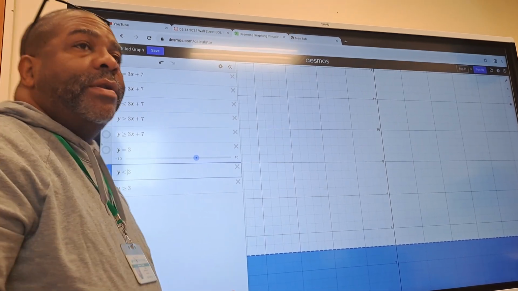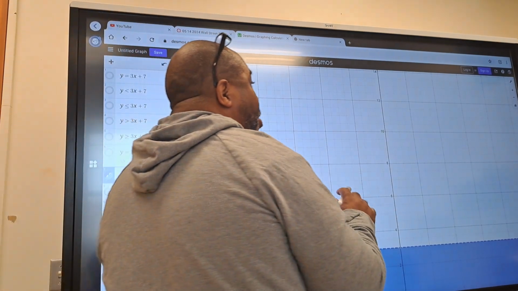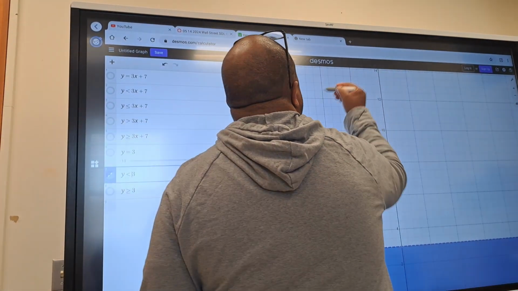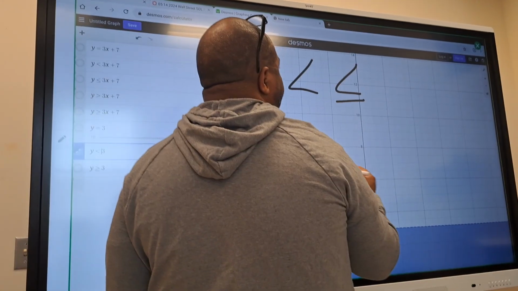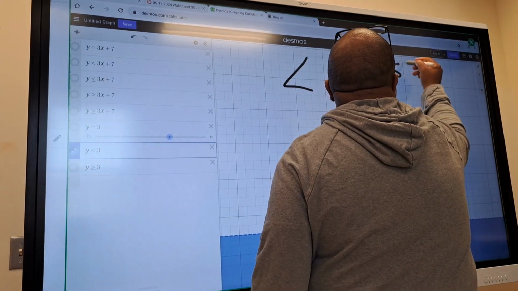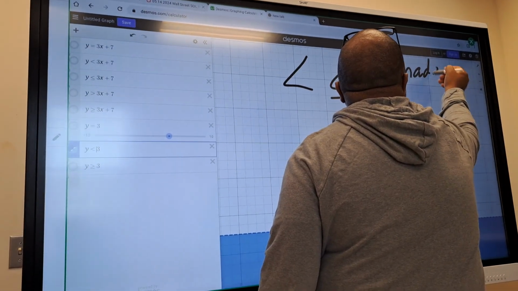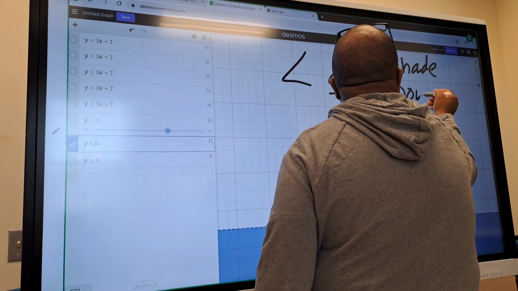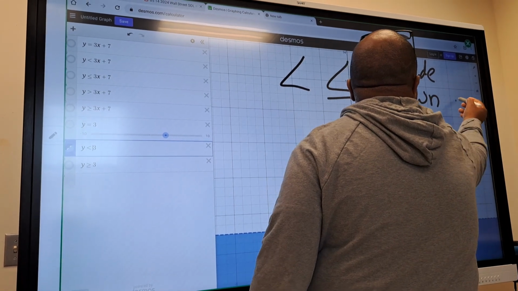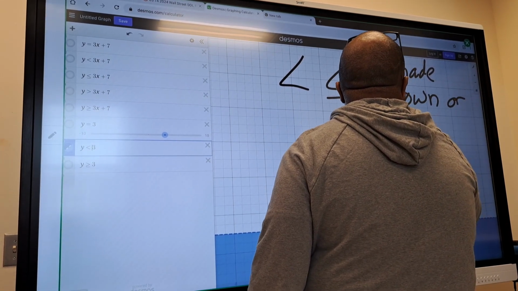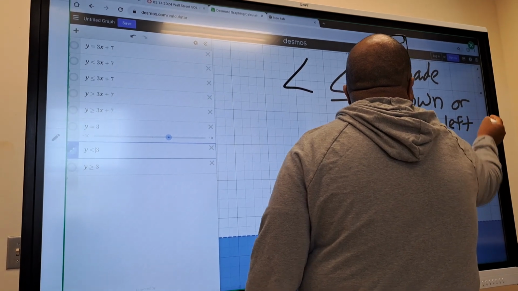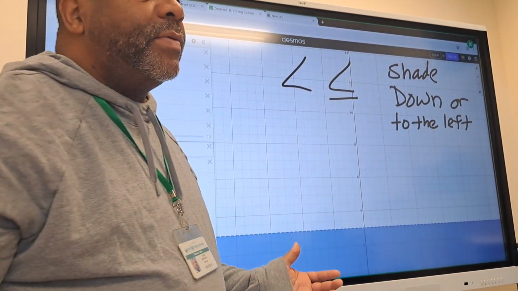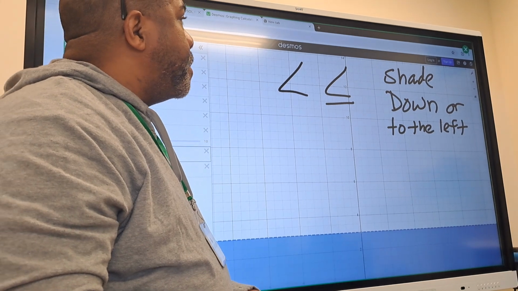So this is the easy part, all you have to remember is this. If it's less than or equal to, right, you're going to shade down, or to the left. And let me share with you what I mean by shading to the left. I'll share that in a second.